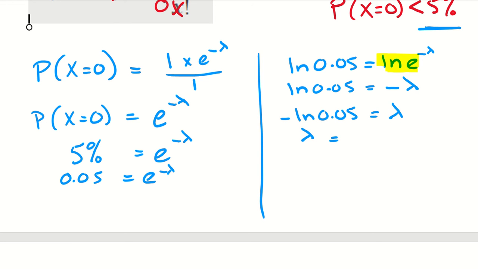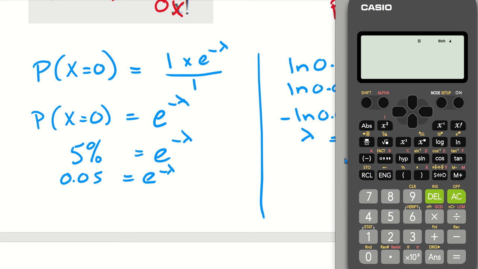And now I'm going to put that into my calculator. I'm going to grab a standard calculator here and go the negative log of 0.05 equals 2.9957.